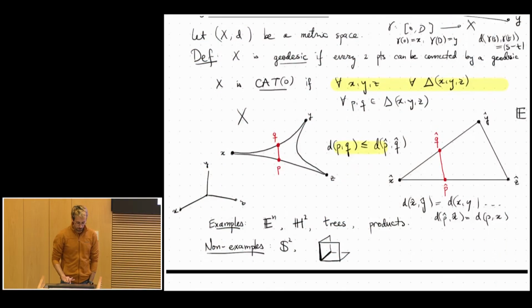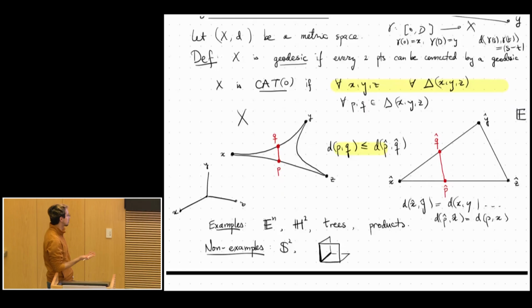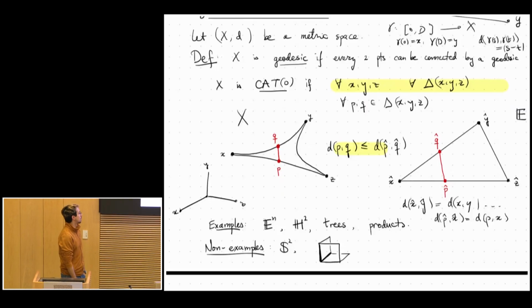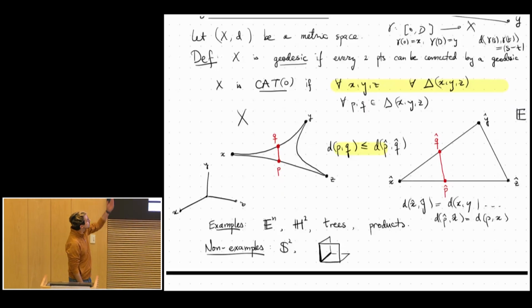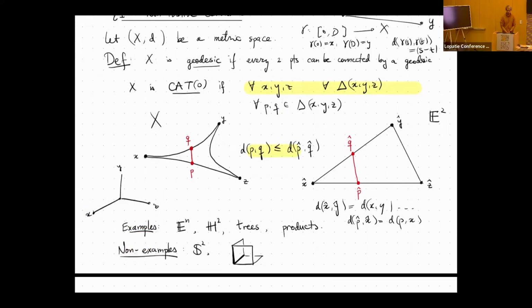And maybe a non-example is to take the sphere with its intrinsic metric. It is geodesic with its intrinsic metric, the angle metric, but it's not CAT(0) because triangles in the sphere tend to be fatter than the corresponding Euclidean ones.